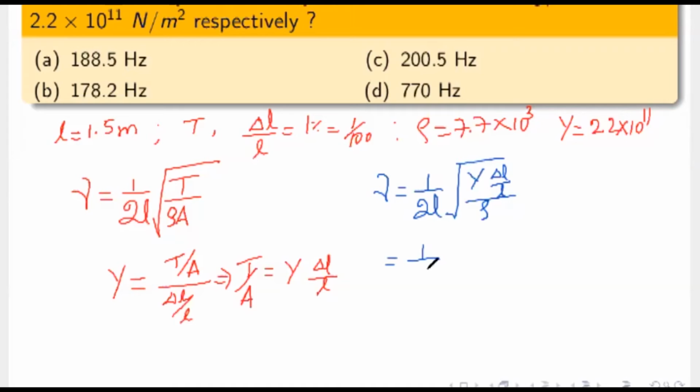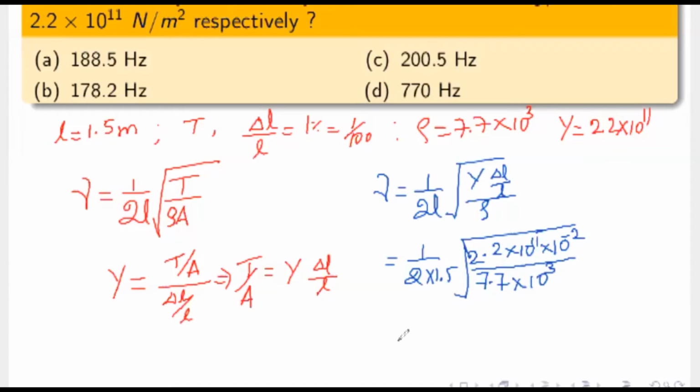1 over 2 times 1.5 meters into square root of Young's modulus, which is 2.2 into 10 power 11. And what is the strain produced? Strain is 1%, so it is 10 power minus 2, divided by the density of the material, 7.7 into 10 power 3.